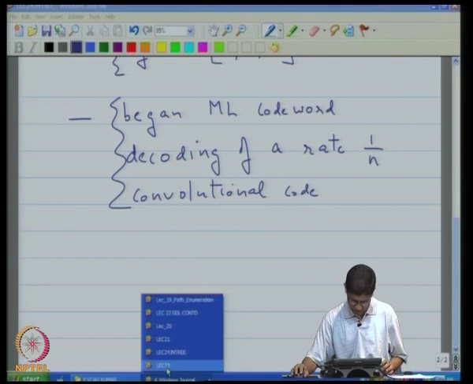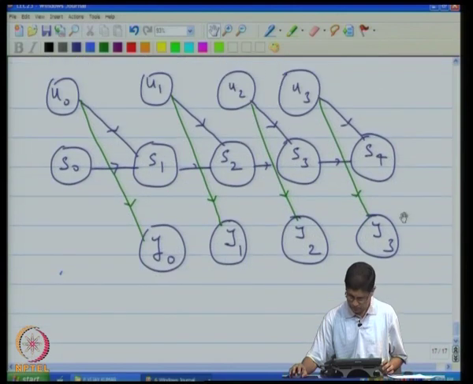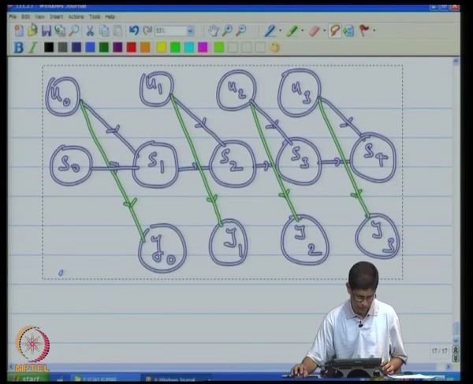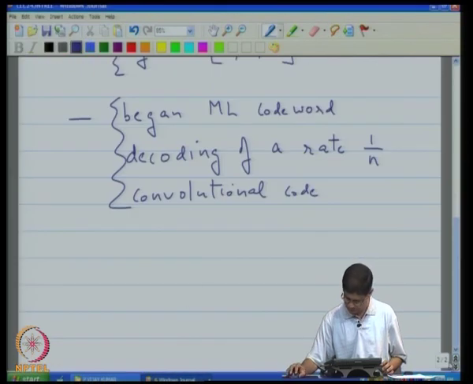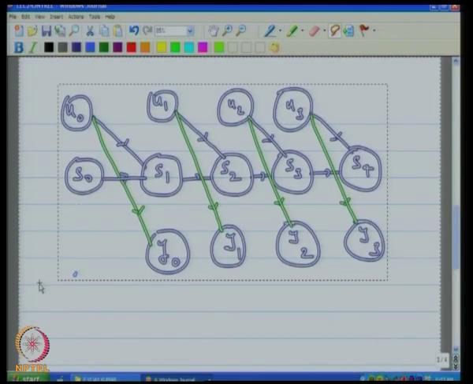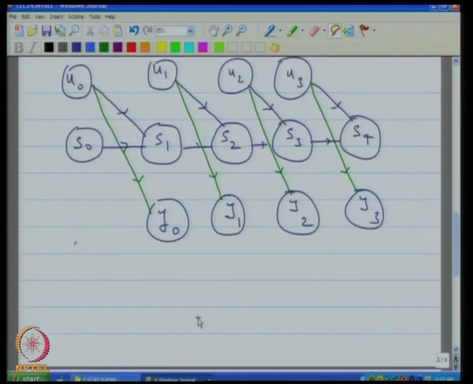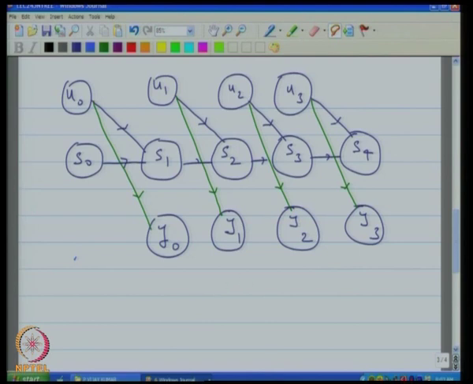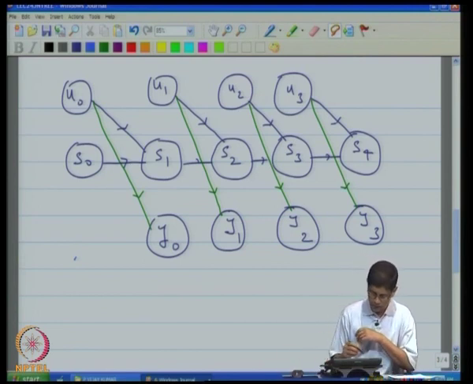So, let me as a starting point pull up I think more or less the last slide from the last lecture. So, we will take this and copy it over. Okay. And so, here what I am actually doing is I am looking at a convolutional code with a small number of information symbols.